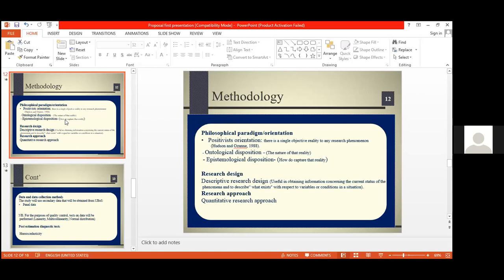To my view, I think we should use explanatory research design rather than descriptive research design, because explanatory research design is showing a kind of causal effect whereby you have independent and dependent variables in your work. So I stand to be corrected. We should rather opt for explanatory research design rather than descriptive.